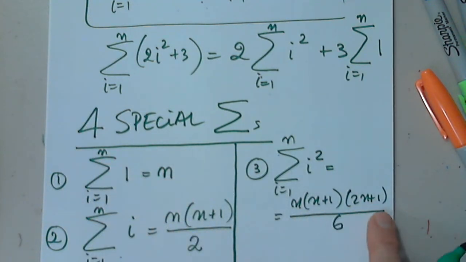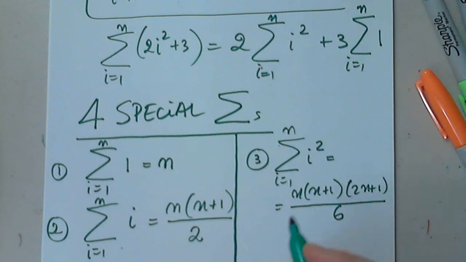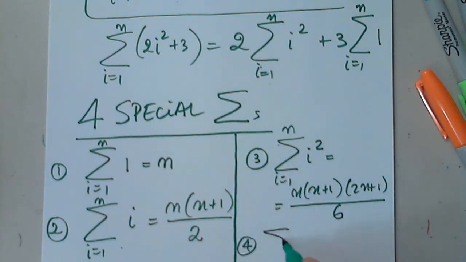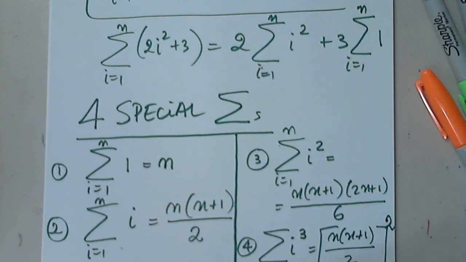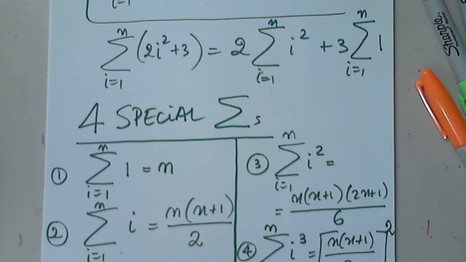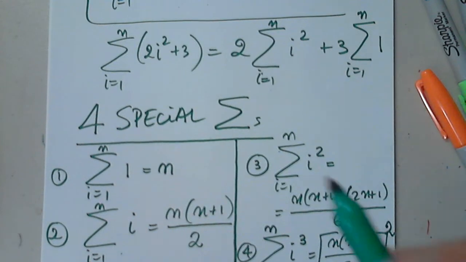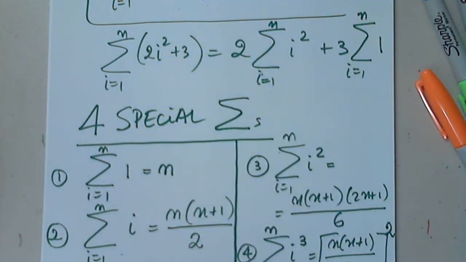And the last one, I promise this is the last one, the sum of i to the third is the same as number 2, but squared: n times n plus 1 over 2, squared, from i equals 1 through n. These have to be remembered, memorized, whatever you want, but these are super important.